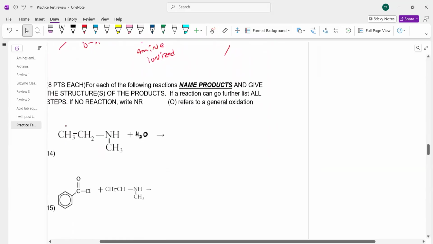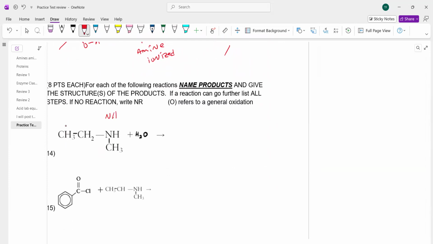Okay, so now we have some reactions. And if we redraw this like that, okay, naming this is going to be ethyl methylamine.